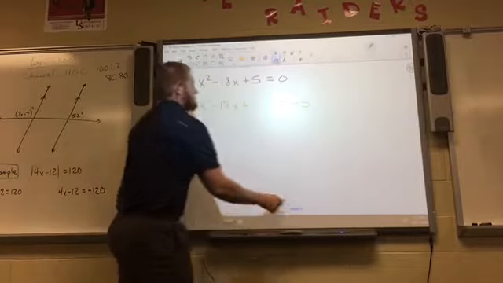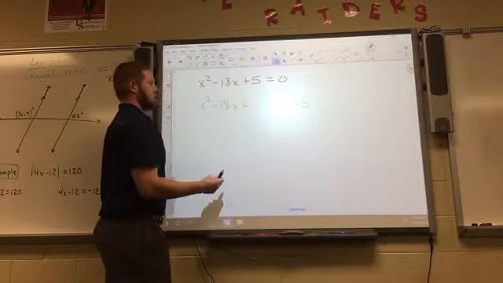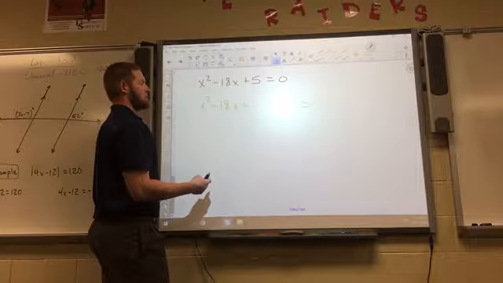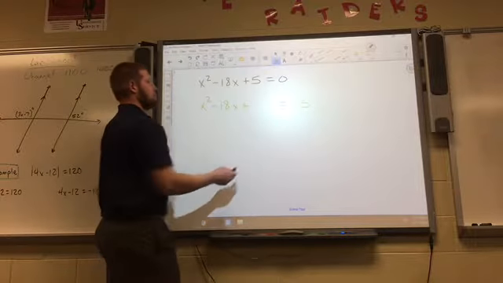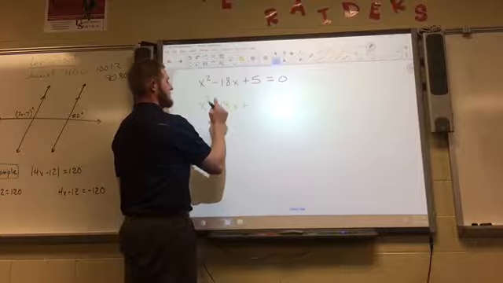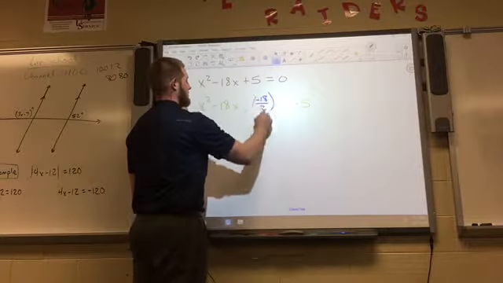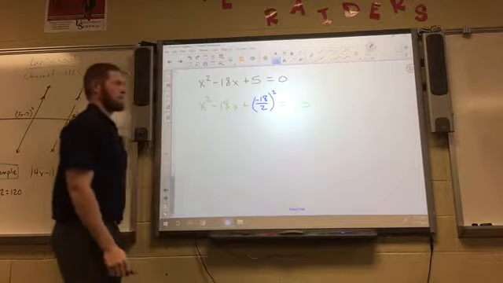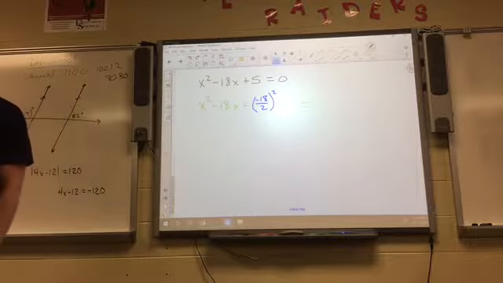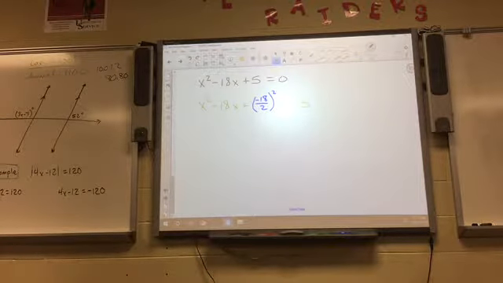Okay. So finding my c was done how? B over 2 squared. Well, b is negative 18, over 2, squared. However, back in elementary school, you learned with equations, if you do it to one side, you have to do it to the other.